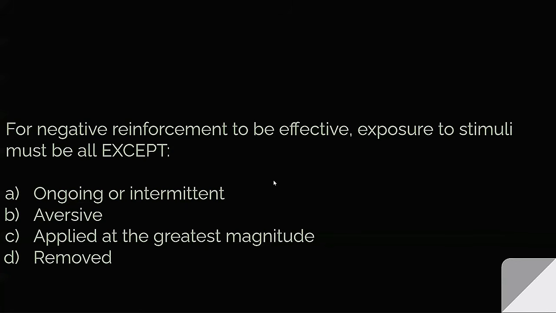So exposure to stimuli must be aversive, and for it to be effective, we need to have the thing be ongoing or intermittent. And certainly the exposure to stimuli has to be removed upon our behavior. So we need to get that out of there. If it doesn't, then we aren't reinforced for that behavior. We try another behavior, or we try harder, or something like that.